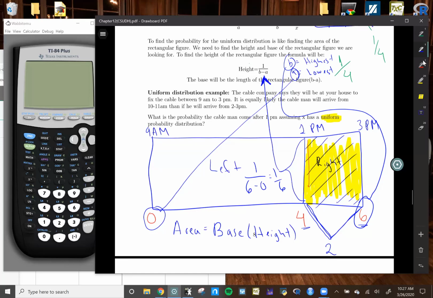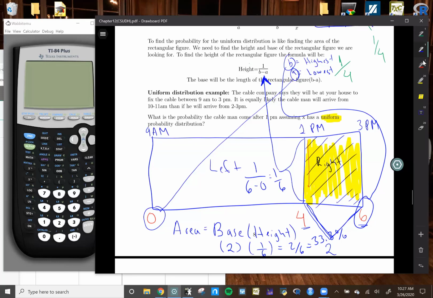Okay. So I know the height now is 1 out of 6, and I know the base is 2. So all we're going to do is say base, which is 2, multiplied by height, which is 1 out of 6, which is equal to 2 out of 6, which, converted to a percentage, is 33.3%. And that's our answer.